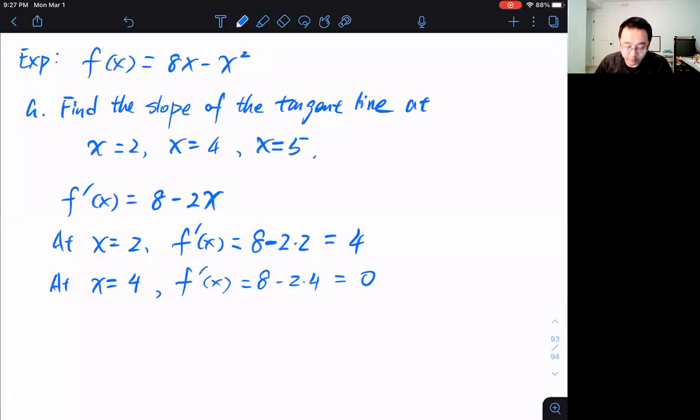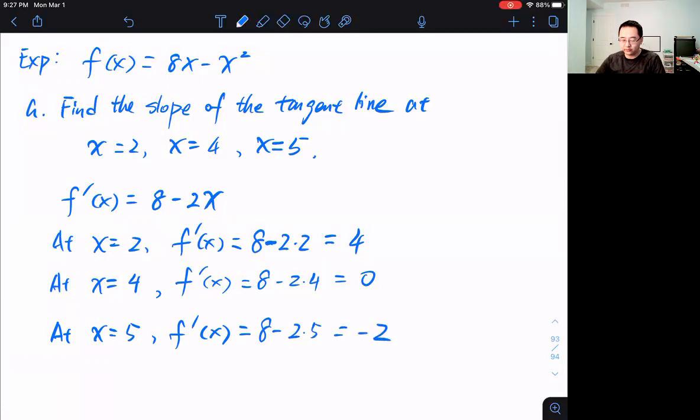That means the function there is no longer changing in one direction. Then at x equals 5, the slope is 8 minus 2 times 5, which is negative 2. So you can see at x equals 2 the slope is positive, meaning it's rising.